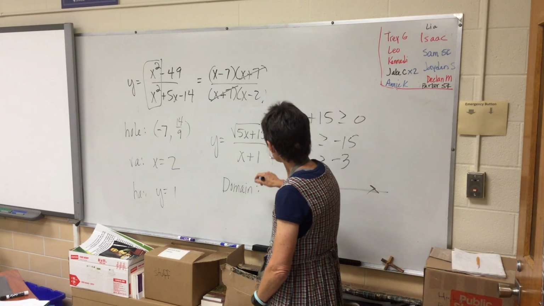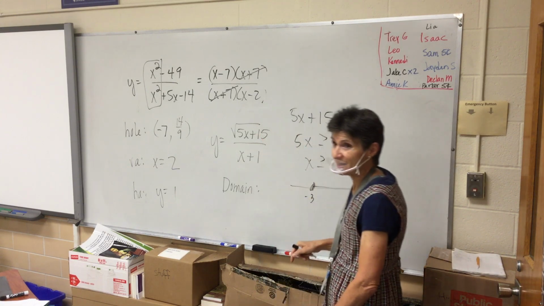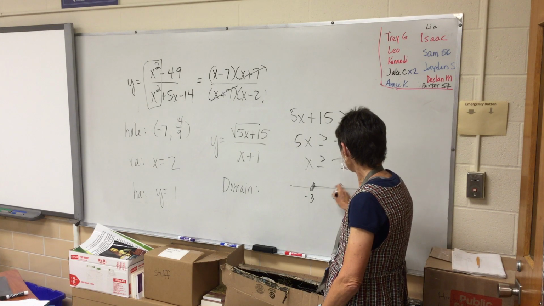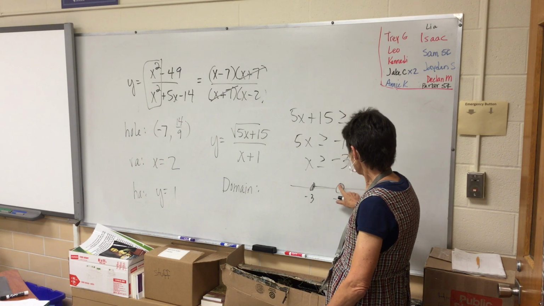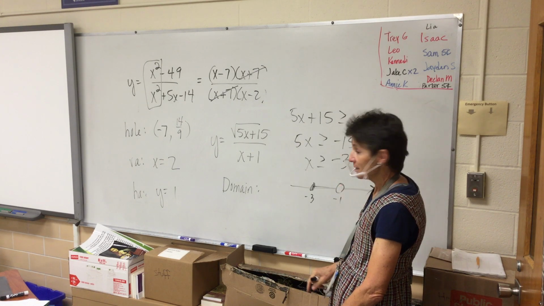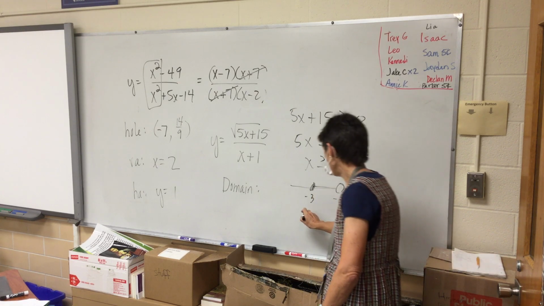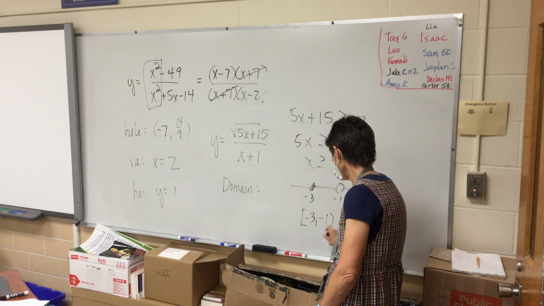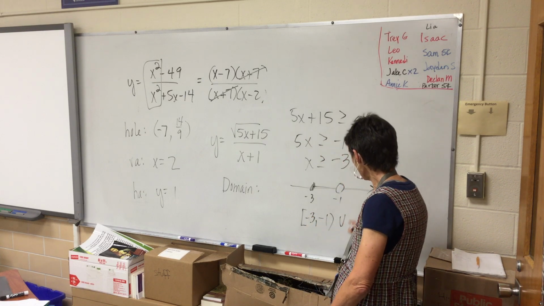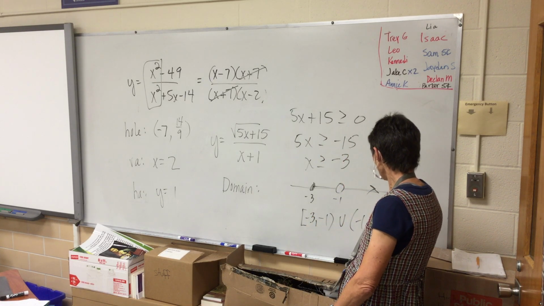But x can't be negative 1. So your domain is everything from negative 3 to negative 1, so that would be [negative 3, negative 1), or everything from negative 1 on.